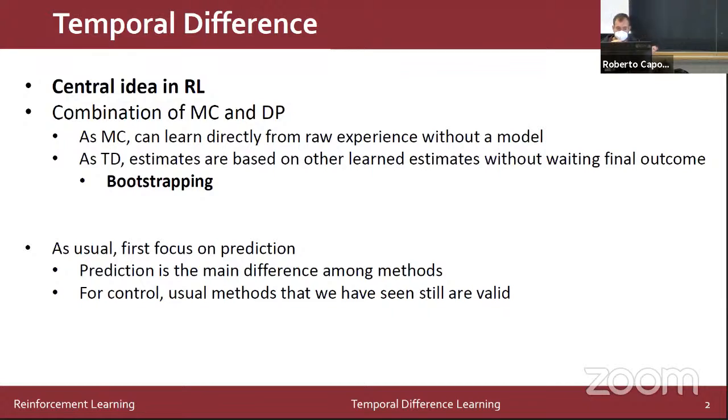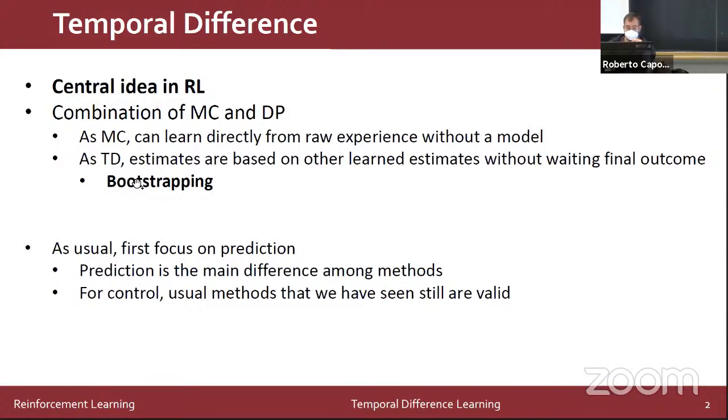So what are the things to highlight? Monte Carlo methods learn directly from experience. They don't use a model. Temporal difference uses, this is an error, this is dynamic programming, DP. Estimates are based on other estimates, so on some previous estimate. We have seen the Bellman equations that allow us to compute an estimate based on another estimate, but using the model.